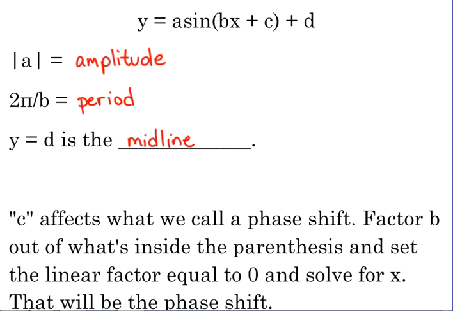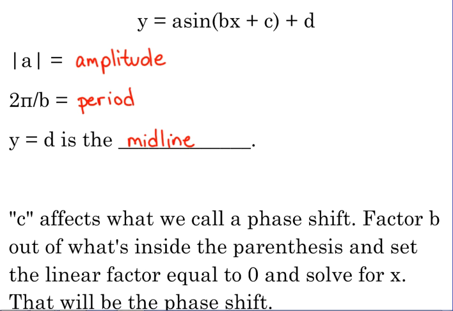Adding something to our x's or subtracting is what shifts it. It moves it left and right. That's what the phase shift is. It's going to move the entire function either to the left or to the right. So here's how we figure it out. You have to start by factoring out b. Now, it's not always going to be even factoring.